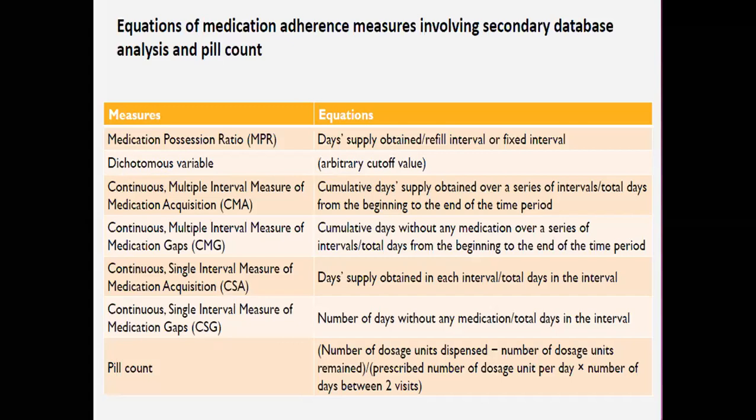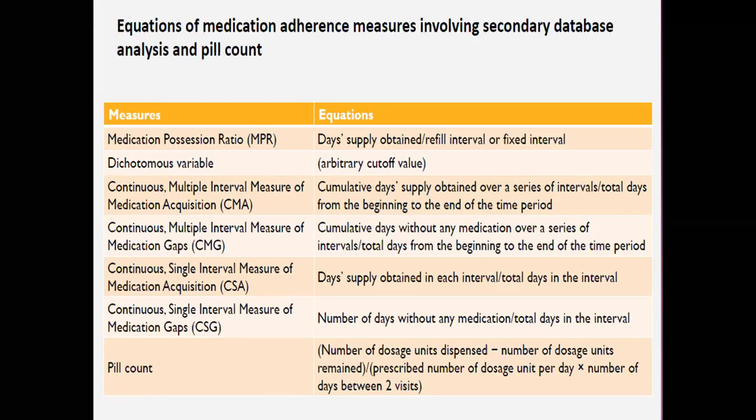Another measure is the continuous multiple interval measure of medication acquisition, CMA. This is the cumulative sum of all days' supplies obtained over a series of intervals, from the beginning of the medication to the end of the time period.